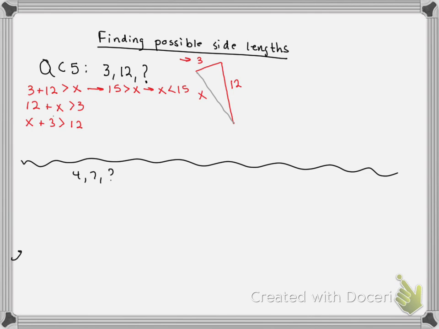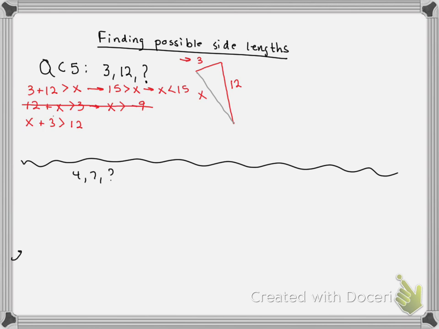Then we'll solve the second inequality for X, and we'd subtract 12 from both sides to give us that X is greater than negative 9. Well, that is not going to work because the two things in math that will never be negative are distances and time. And the length of a side is a distance, so it cannot be negative.